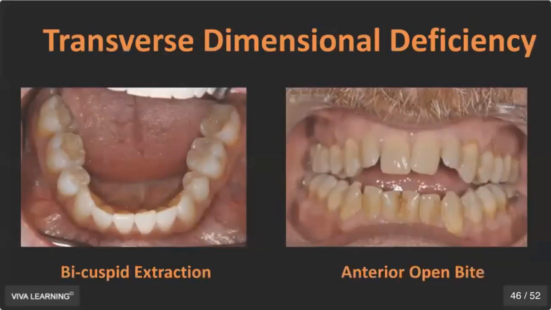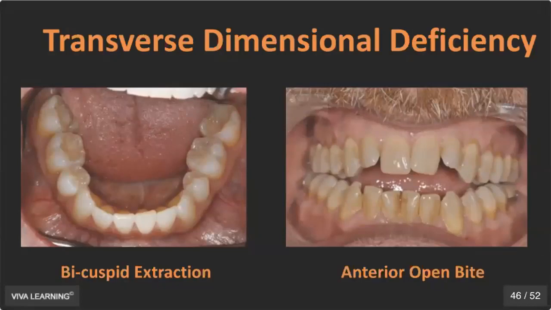Transverse dimensional issue. Now, I understand that there's probably some orthodontists, and there's a lot of back and forth about whether bicuspid extractions lead to a problem with sleep disorder. That's not what this is about. What I'm saying is if a bicuspid extraction case is there, I know that everything is going to be more condensed.